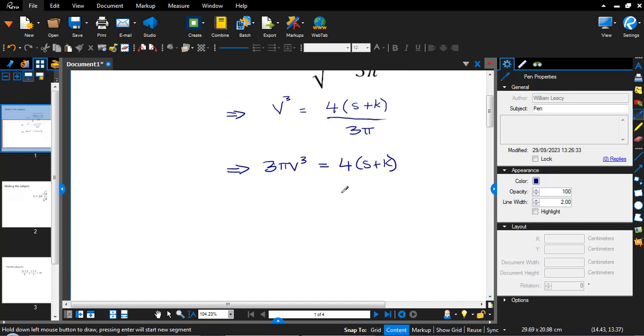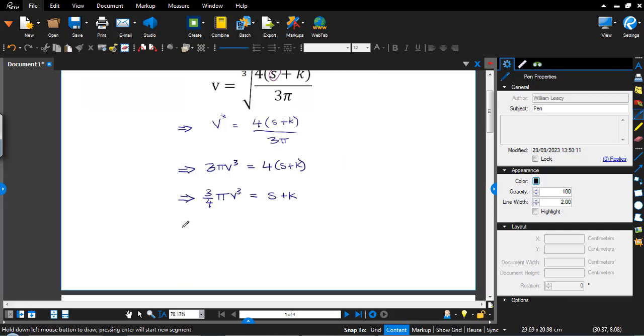Anyway, let's go ahead. So we multiplied both sides by 3 pi and we got 3 pi v cubed. Now, let's continue. We want s, so what's furthest from s? Let's say 4. So let's divide both sides by 4. You're going to get 3 pi over 4 v cubed equals s plus k.